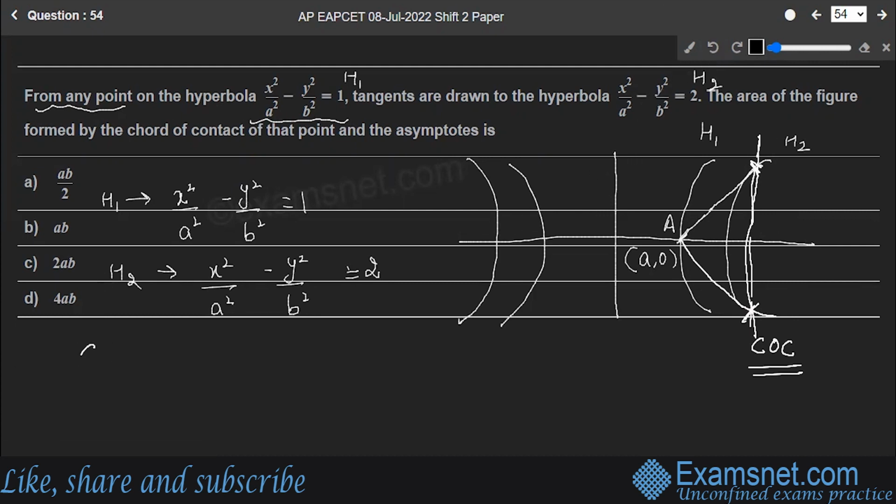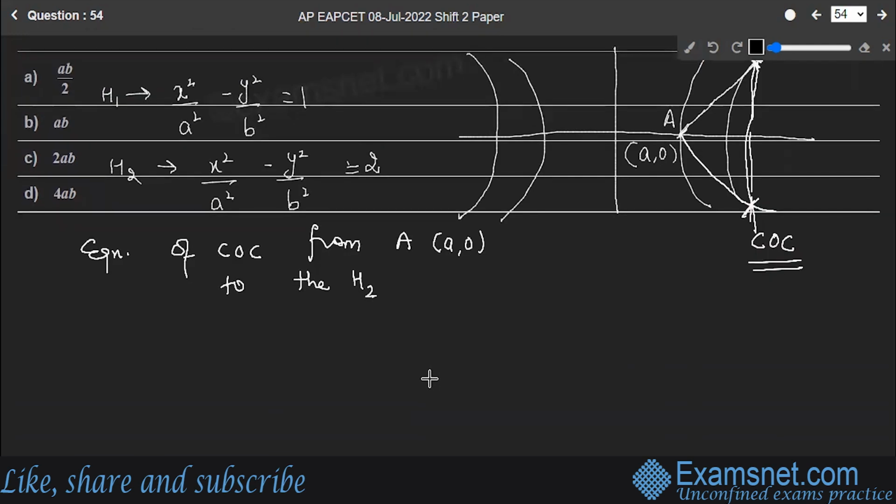Now let's write down the equation of the chord of contact from the point A comma 0 to the second hyperbola, using the general equation for the chord of contact.